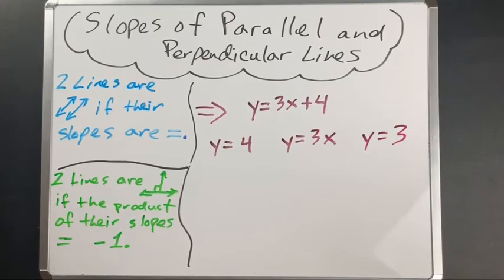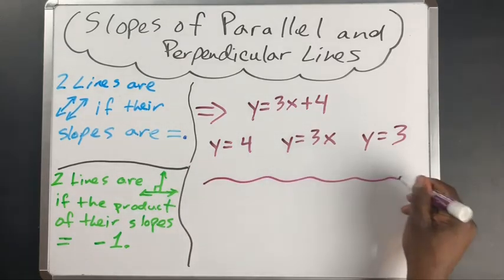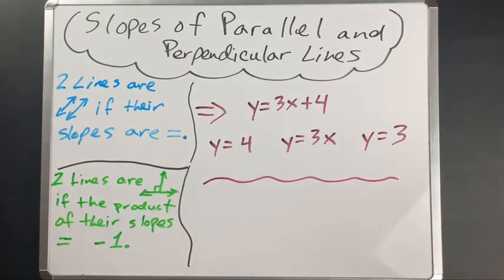We're looking for the slopes of these equations to see if the slopes are indeed equal. I'm going to draw a line down here so we can do our work at the bottom.